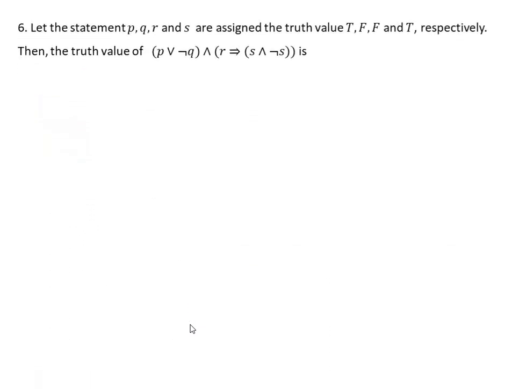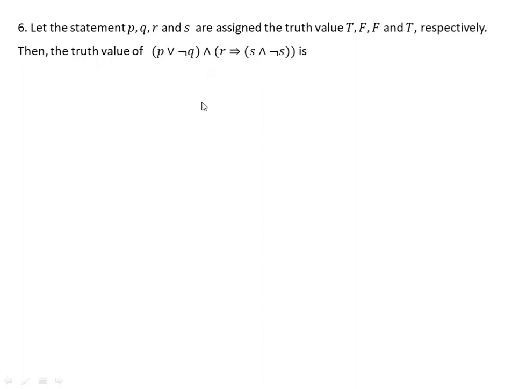Number 6. Let the statements P, Q, R, and S be assigned the truth values true, false, false, and true respectively. It means that P is true, Q is false, R is false, and S is true. Then we can determine the truth values for these compound propositions.